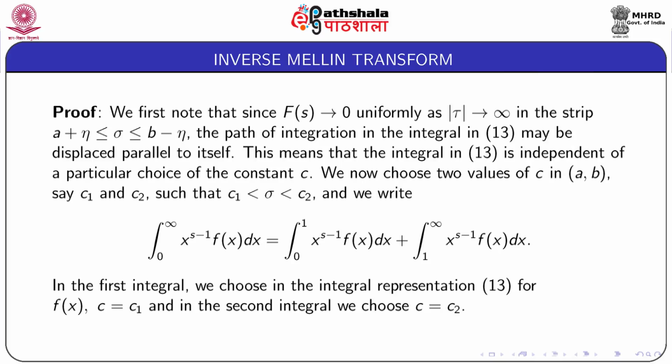For proof, we note that since capital F(s) tends to 0 uniformly as mod tau tends to infinity, in the strip a plus eta less than or equal to sigma less than or equal to b minus eta, the path of integration in the integral 13 may be displaced parallel to itself.